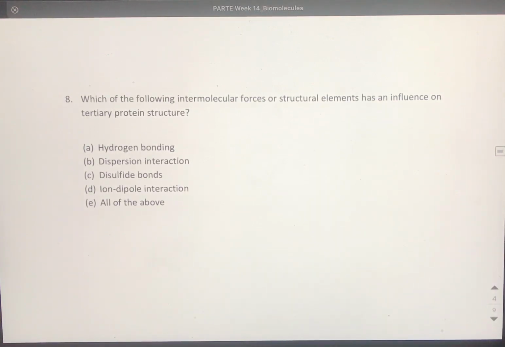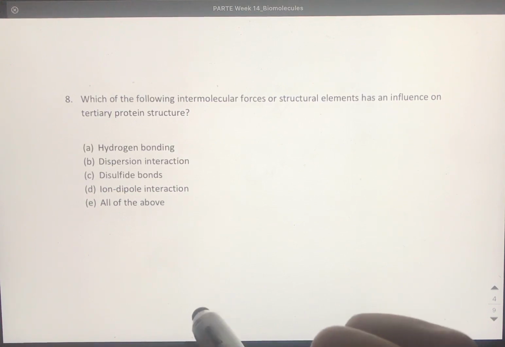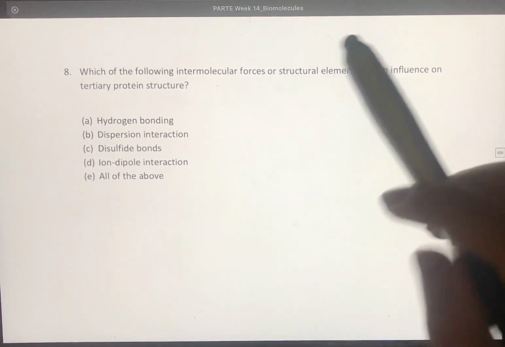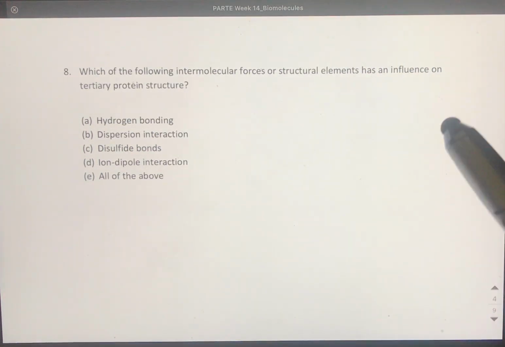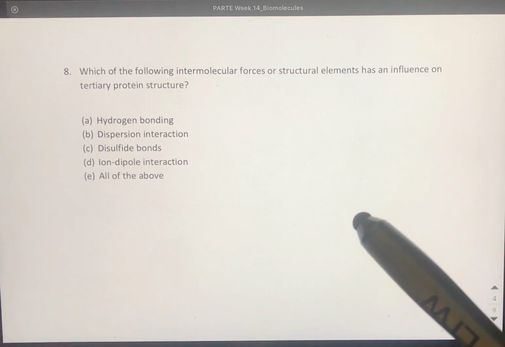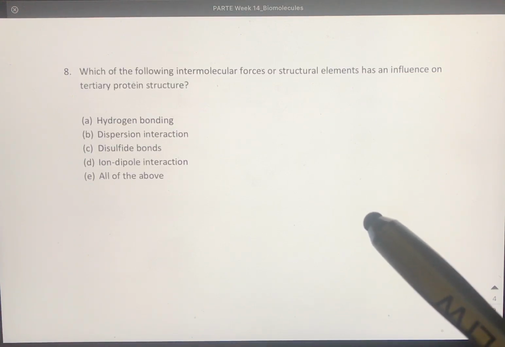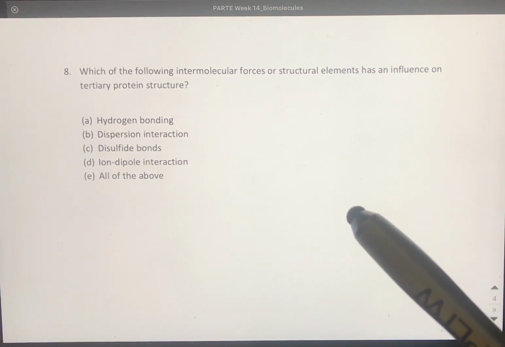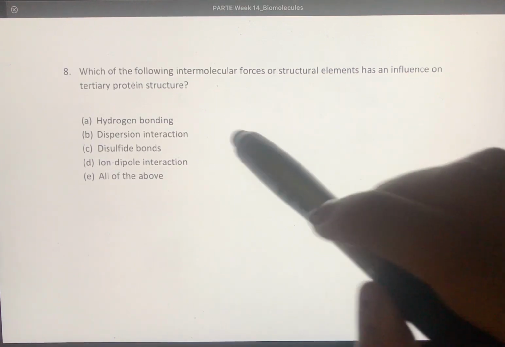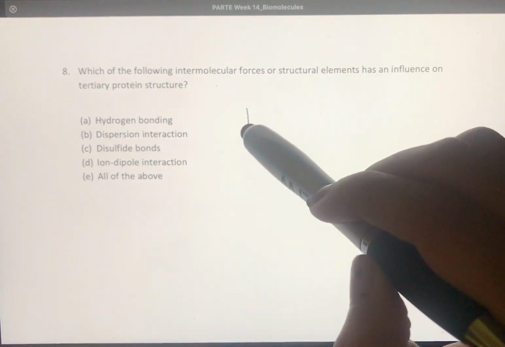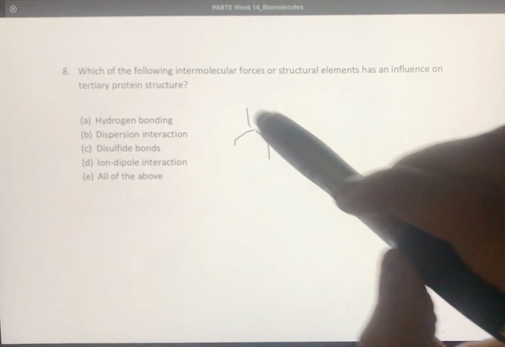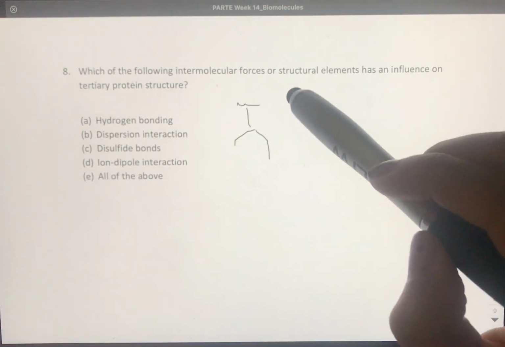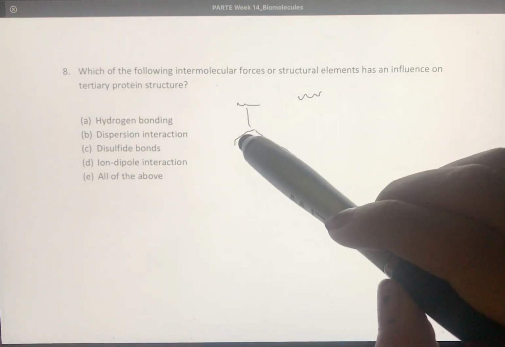So which of the following intermolecular forces or structural elements has an influence on tertiary protein structure? So just to call back what tertiary structure is, that is the interaction of the side chains. So we have different side chains in our amino acids. They can be really nonpolar, like this is just a carbon chain.